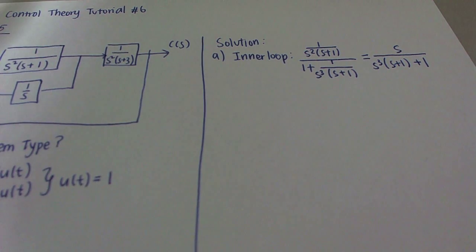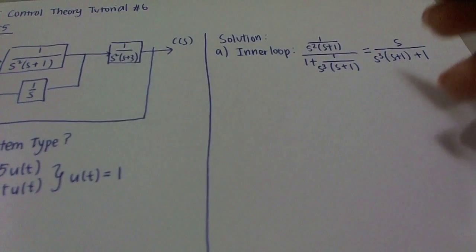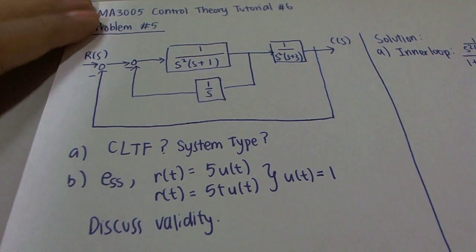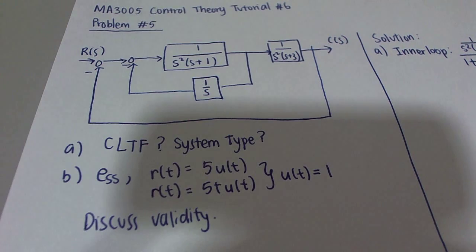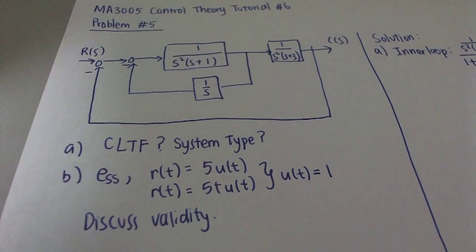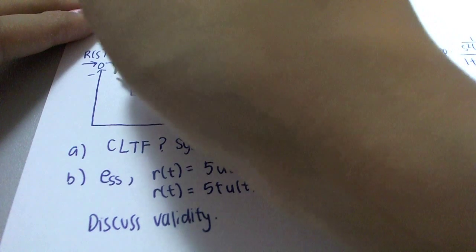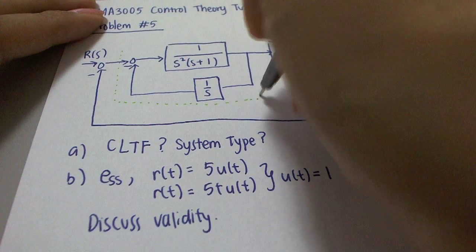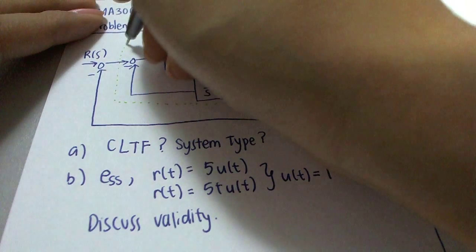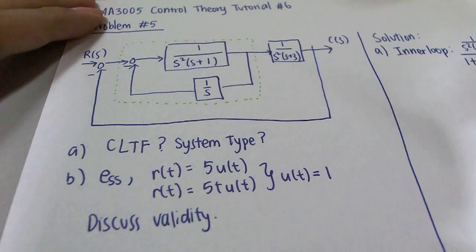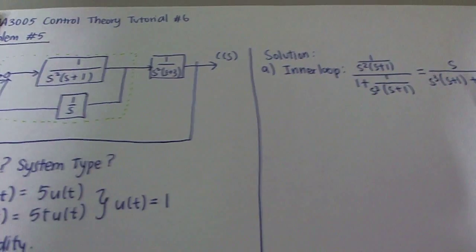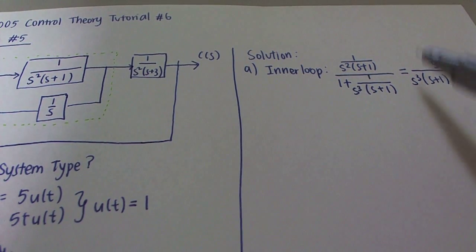And in order to visualize things more easily, I can actually replace the inner loop. Let me grab another pen real quick. So the inner loop is basically given by the green shaded region. And what I can do now is substitute this green box with the inner loop transfer function that we obtained over here.